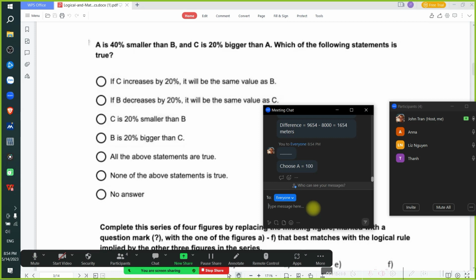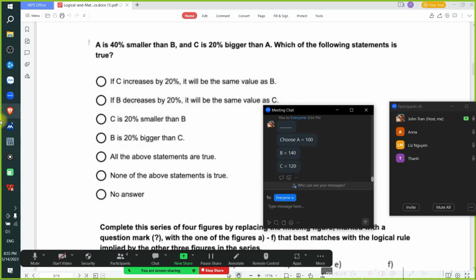Oh, I see. If A is 40% smaller than B, it means that B is 40% bigger than A, right? Mình có suy ngược lại. A nhỏ hơn B 40%, thì có phải B lớn hơn A 40% không? Sure. So B would be 140, isn't it? And C is 20% bigger than A, so C would be 120.